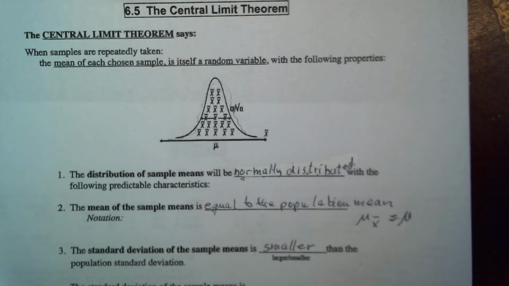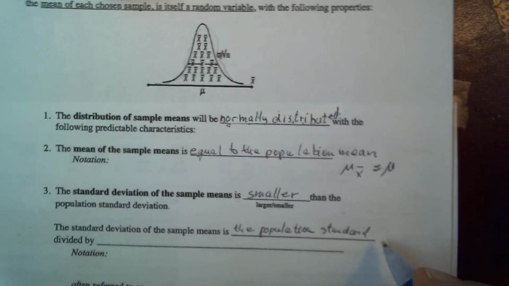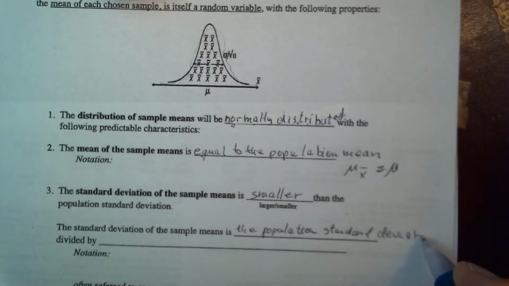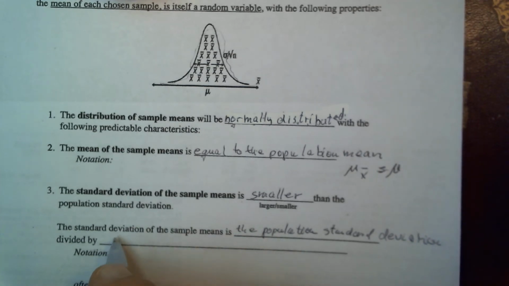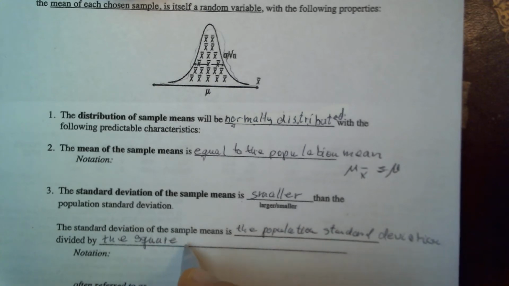Okay? So the standard deviation of the sample means is the population standard deviation divided by the square root of the sample size, right?